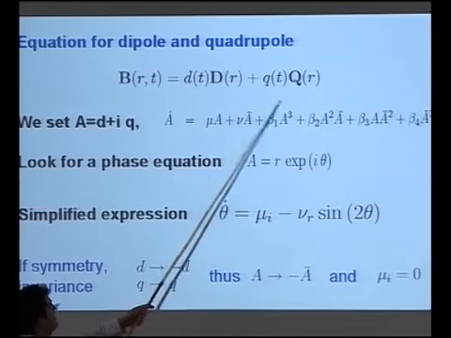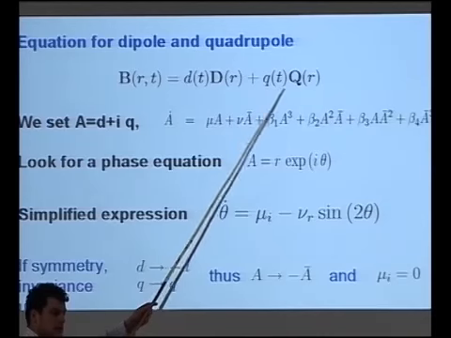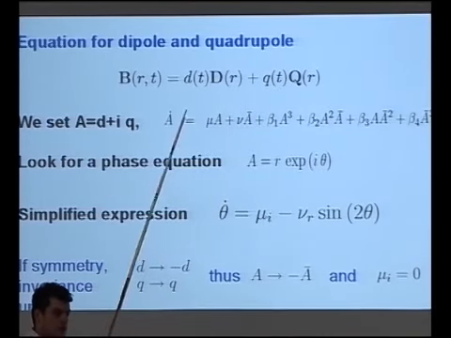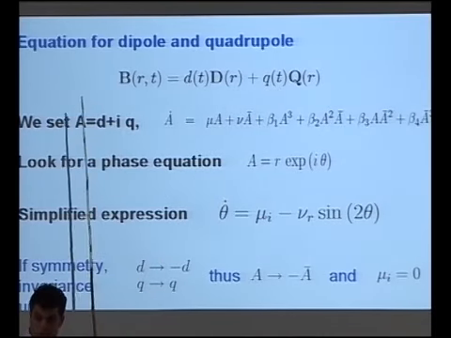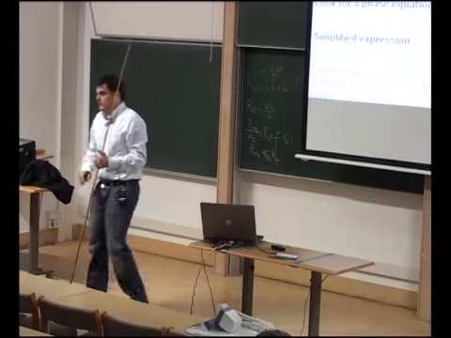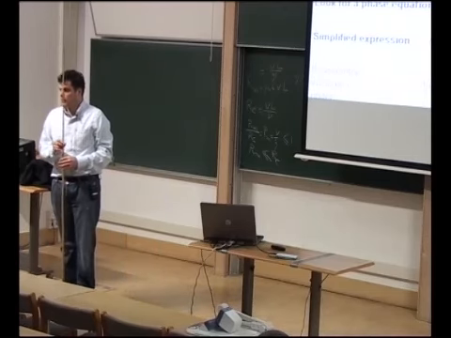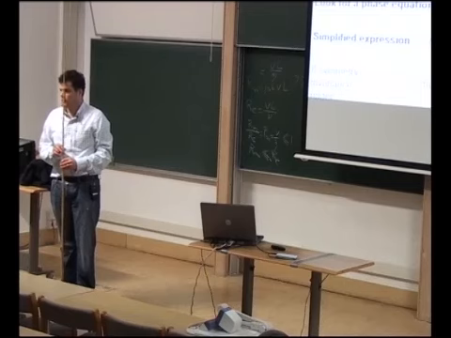The time series will always be obtained from that and can look different. If the dipole is very large compared to the quadrupole, I will only see that. If the dipole is very small compared to the quadrupole, I will only see that. If they're comparable, I will see one more than the other.